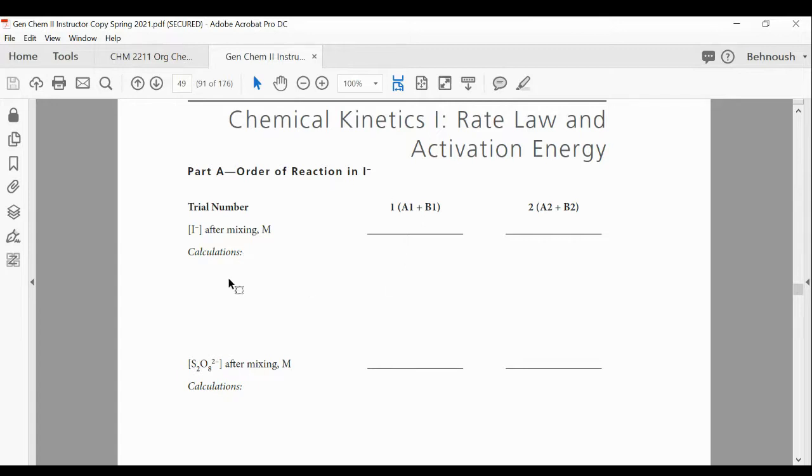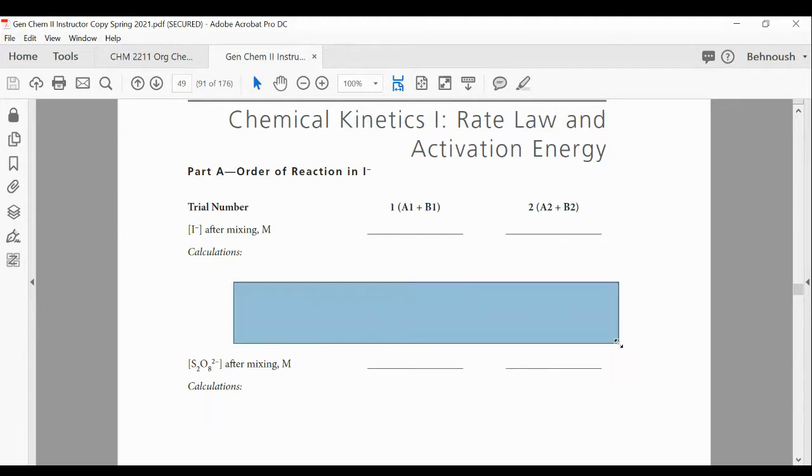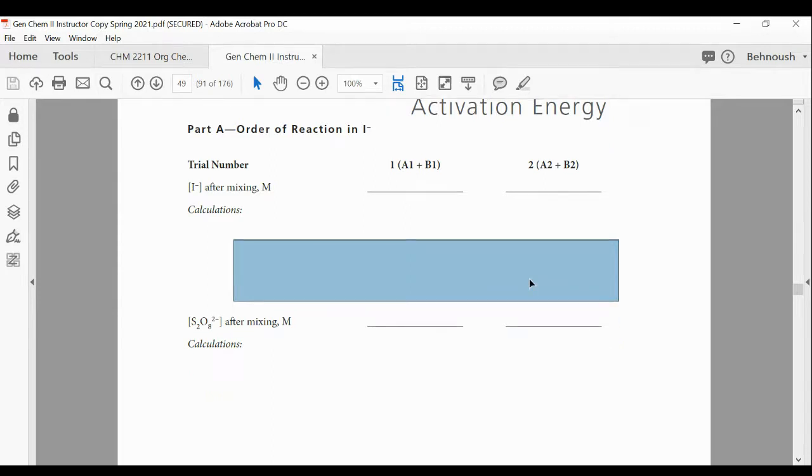So what you do here, you have to show your calculation. First of all, this area is to show your calculation. What are you trying to show here? Copy the first screenshot, which is the concentration of iodide for trial 1. And then the concentration of iodide for trial 2. You have to show it here also.